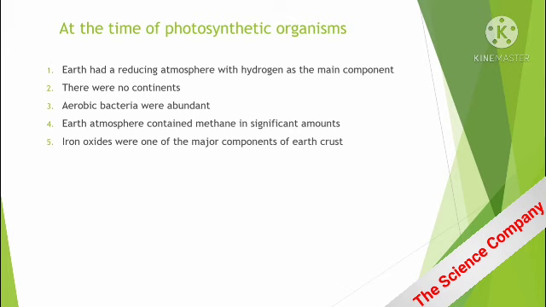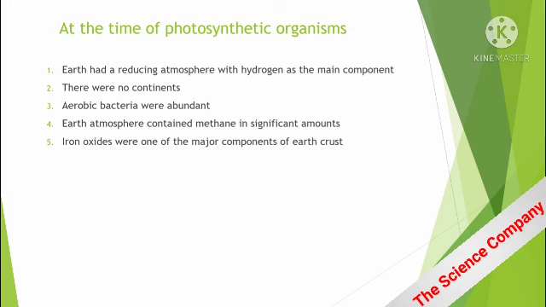And the third answer is aerobic bacteria were abundant. Actually, the aerobic bacteria were abundant after the photosynthetic bacteria, that means the cyanobacteria, produced oxygen. So this is not the right answer. And the fourth one, Earth's atmosphere contained methane in significant amounts. Yes, this is the correct answer, because in the timeline of the photosynthetic bacteria, the cyanobacteria, this event actually happened.